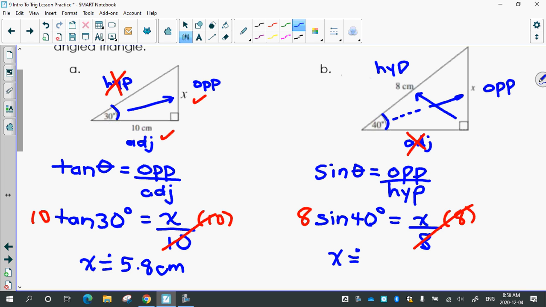And to one decimal place, sides are always going to round to one decimal place unless it says otherwise. It would be 5.1. And then look and see if there's any units. Sometimes there is, sometimes there's not. If there is, please put units. So x is approximately 5.1 centimeters. Okay.